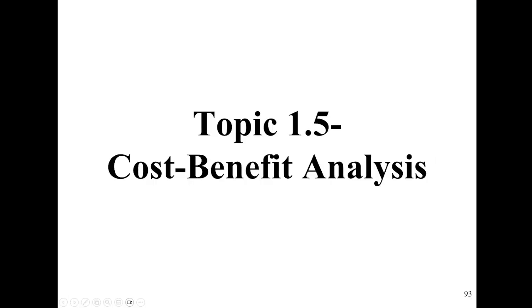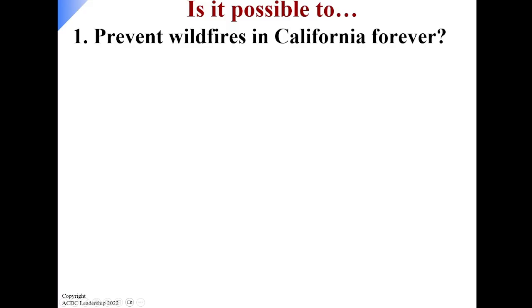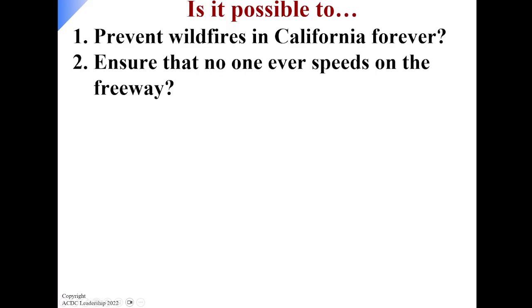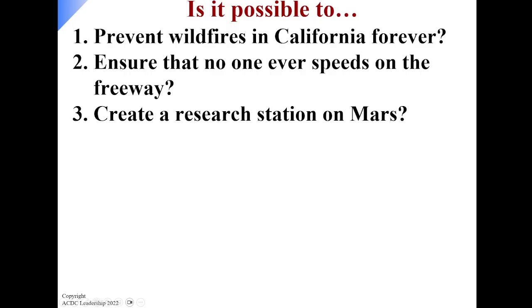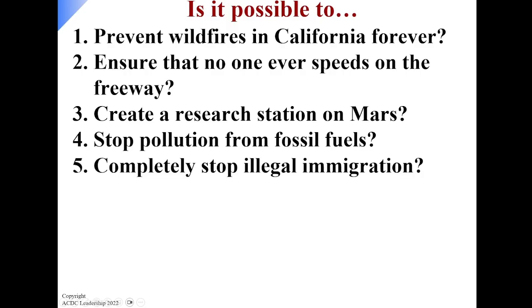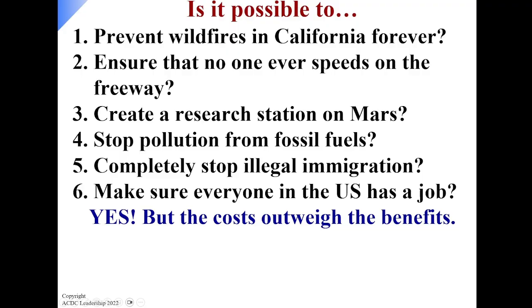All right. Topic 1.5, cost and benefit analysis. First, is it possible to prevent wildfires in California forever? Obviously not. And of course, ensure that no one ever speeds on the freeway, or create a research station on Mars, stop pollution, and stuff like that. Yes, but in order to do this, it costs more than we actually get in return.